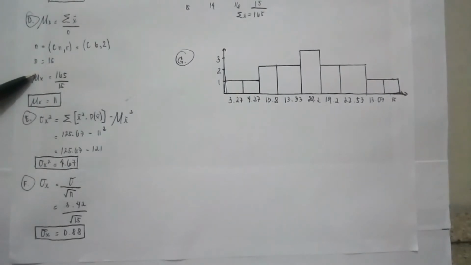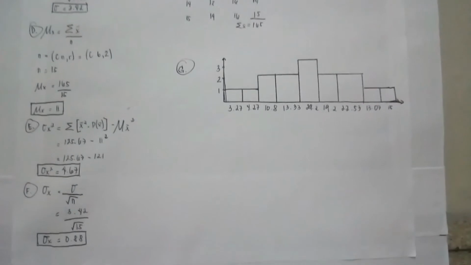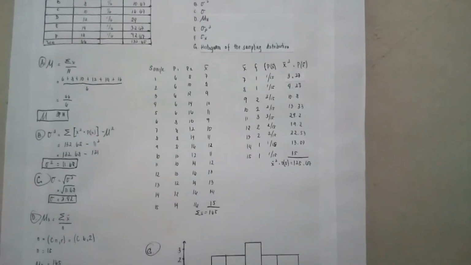So, since ang value ng standard deviation of the population is 3.42, distribute natin ito. Then, divide sa square root of 15 with a total of 0.88. Ito na yung value ng standard deviation of the sampling distribution. And ang last is histogram of the sampling distribution.